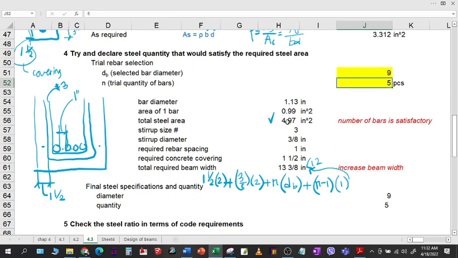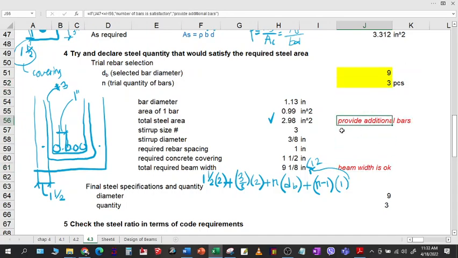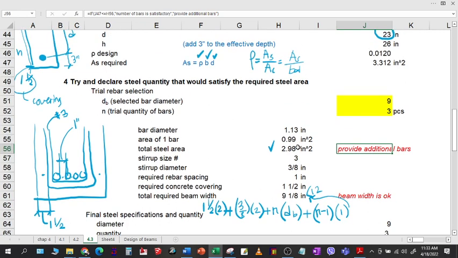Although the steel area is satisfied, the other parameter, the beam width, is not satisfied. So we decrease to number 4, which already satisfies the total steel area. If we go for number 3, the beam width is satisfied, but the steel area required is not. So 4 is really the magic number here.